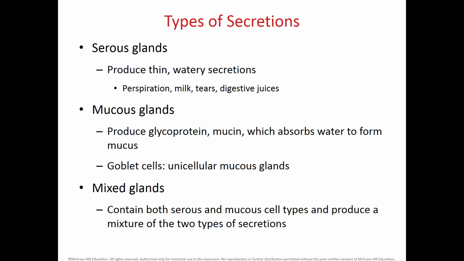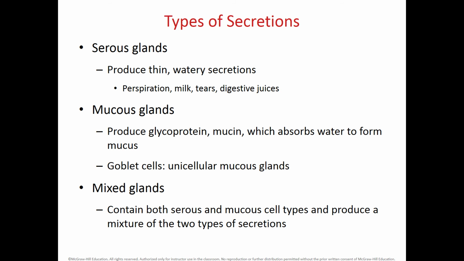Now the secretions of the glands can be different in consistency. Some of them are very thin, some of them are very thick, some of them are in between. So depending on the density of the secretion is sometimes also how you classify the gland.